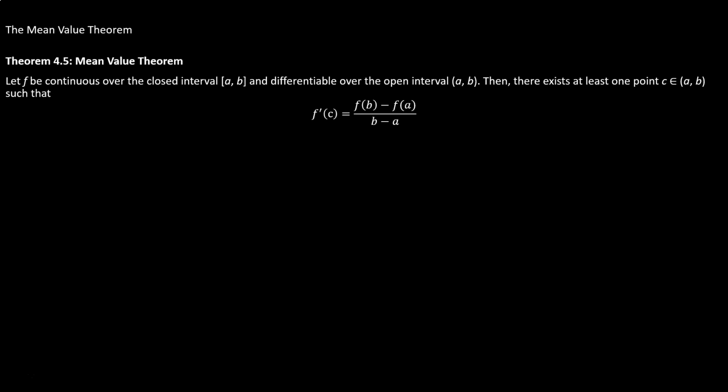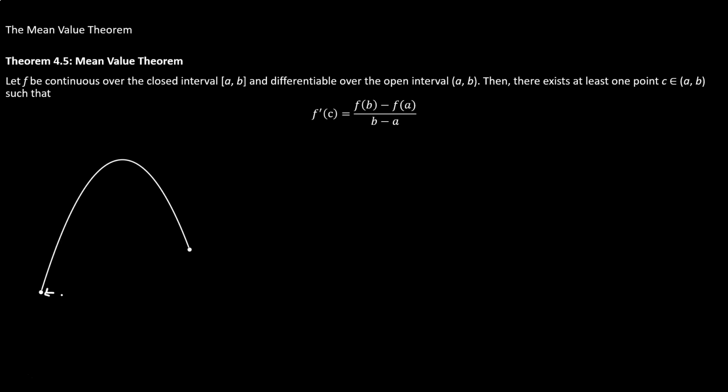Now, in Rolle's theorem, the endpoints had to have equal y values, but in the mean value theorem, we do not have to have that. We still need to talk about a continuous function and a differentiable function, but now we're saying that the endpoints could be at different y values. So I have a slightly different picture of an upside down parabola. Notice that the endpoints at a and b are at different values.